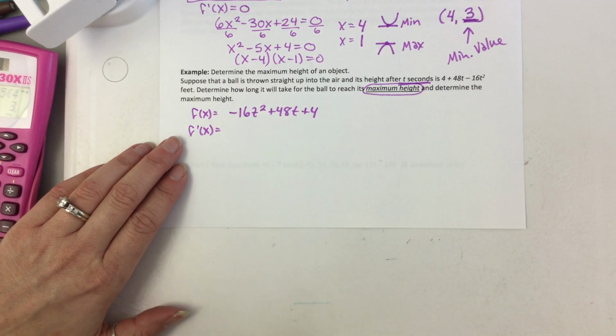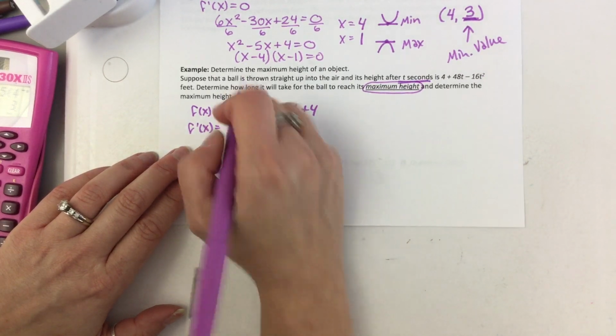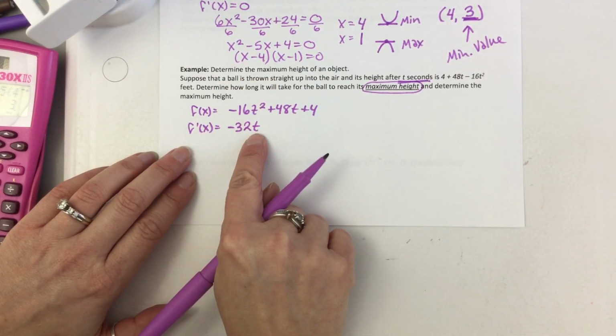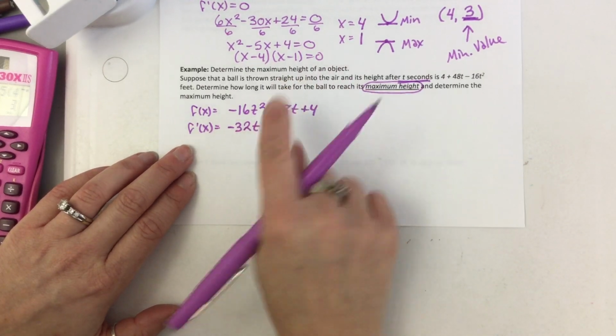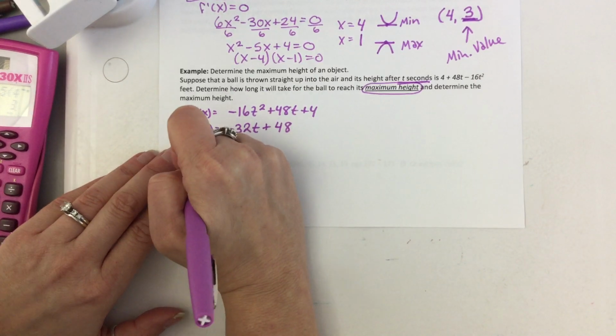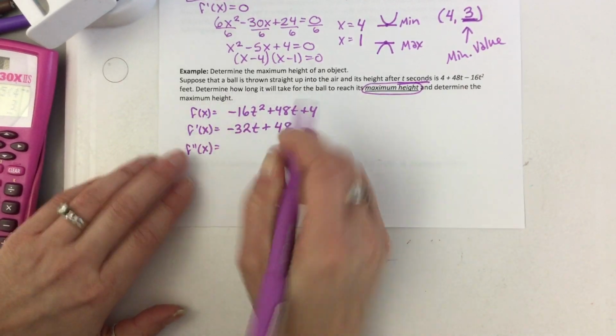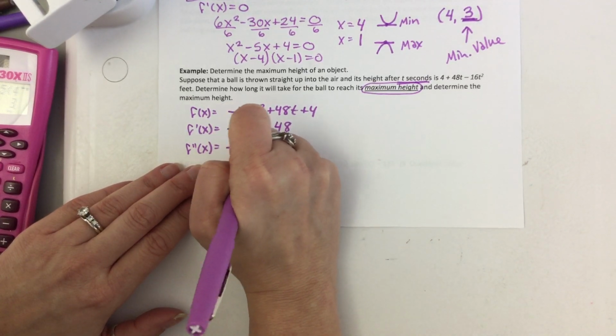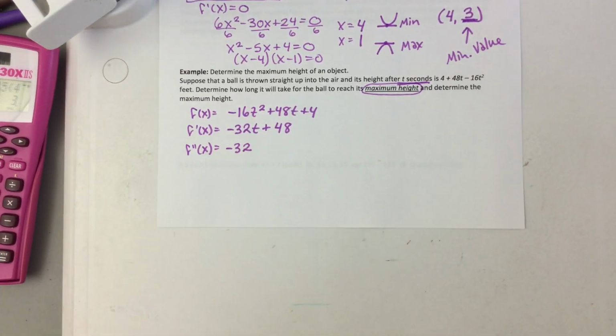That takes a first and a second derivative. 2 times negative 16 is negative 32. I reduce the variable by 1, so it's a t, plus the derivative of 48t is 48. The second derivative, the derivative of negative 32t is negative 32. The derivative of 48 is 0.